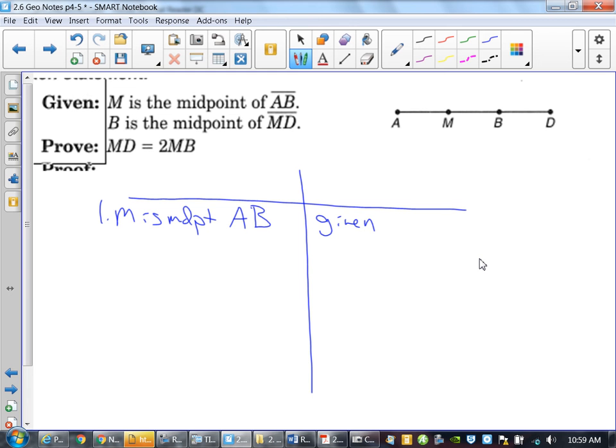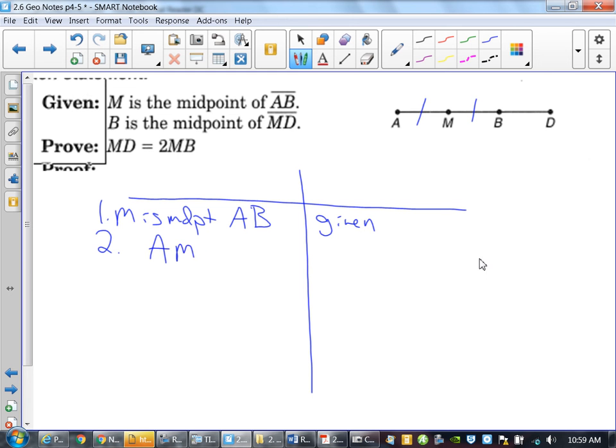AM equals MB. Notice I went right to my diagram and I marked them up. According to my progression sheet, after I have a midpoint, it tells me what segment is equal to what segment. We just go in order of the line, right?